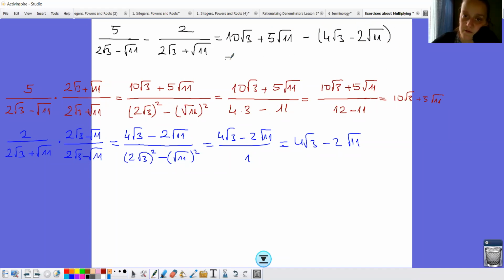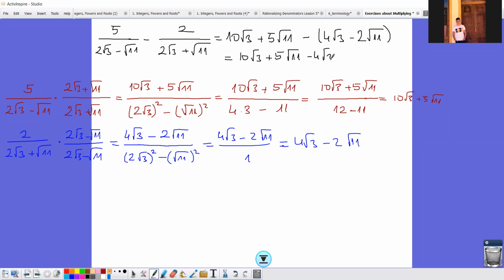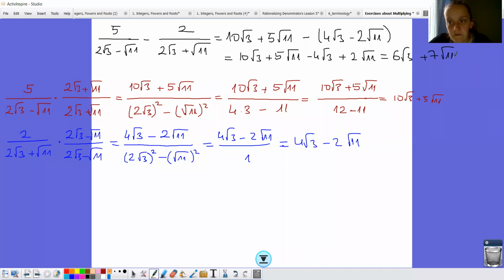Then we will have 10 root of 3 plus 5 root of 11 minus 4 root of 3 plus 2 root of 11, the sign will change. So we have the same radicals: 6 root of 3 and plus 7 root of 11.